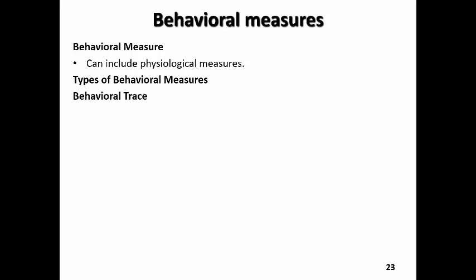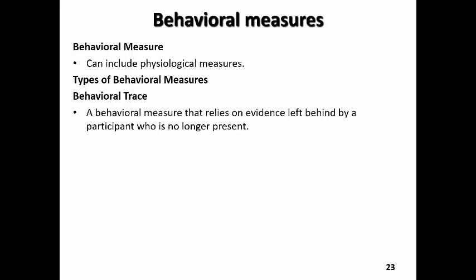There are three main types of behavioral measures. The first is referred to as behavioral trace, where a measure of human behavior relies on evidence left behind by a participant who is no longer present. And so this would be reflective of a historical type of approach when evaluating, for example, the workplace setting.